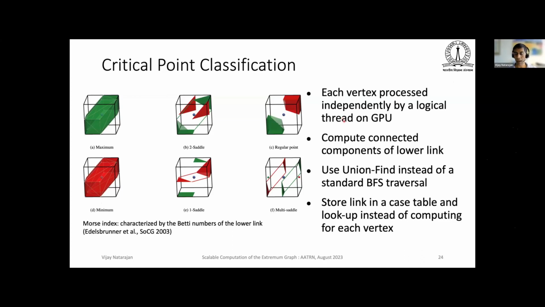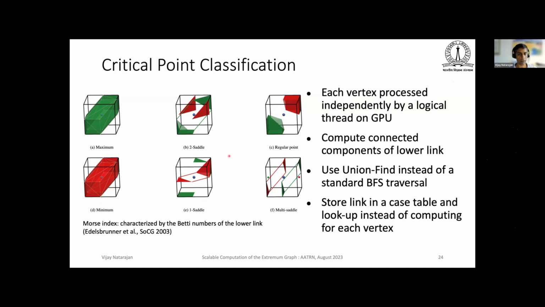For example, for every vertex, we would like to compute the Betti zero of the lower link, so essentially the connected components of the lower link and the connected components of the upper link. For a regular vertex, the lower link has one component and the upper link has one component.